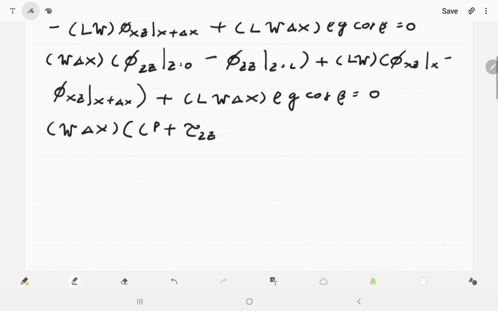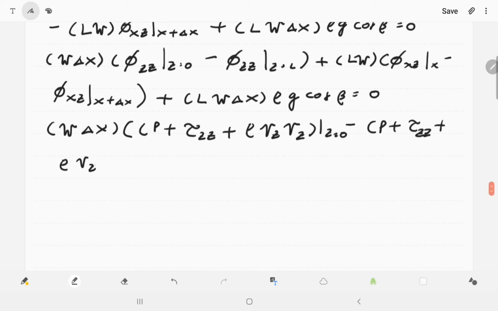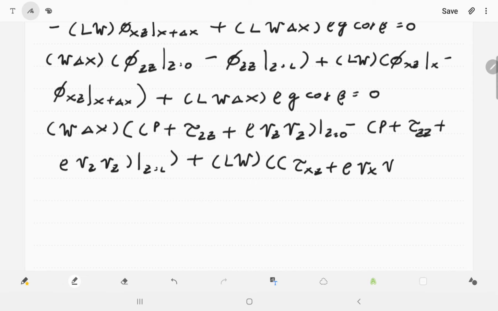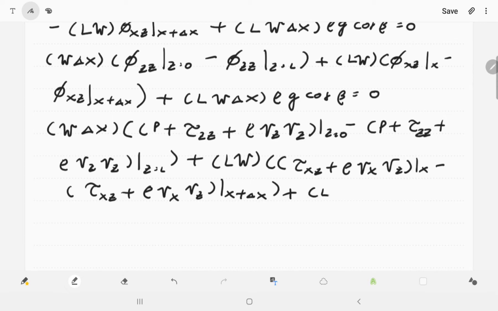Tau ZZ plus rho VZ at Z equals 0 minus P plus tau ZZ plus rho VZ at Z equal L plus L W tau XZ rho Vx VZX minus tau XZ plus rho Vx VZ at X plus delta X plus L W delta X rho G cos beta equal to 0.